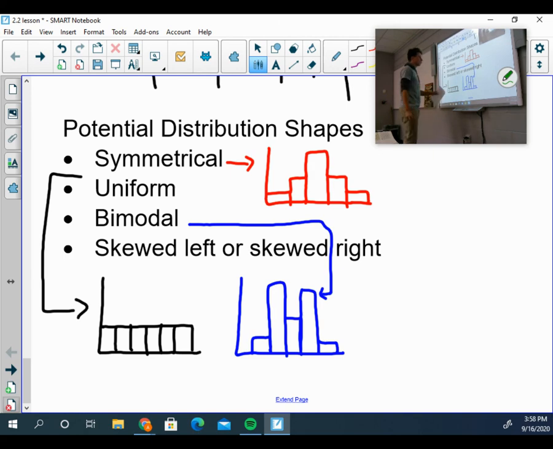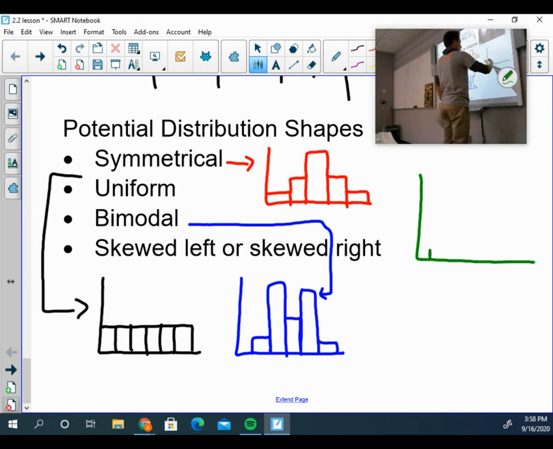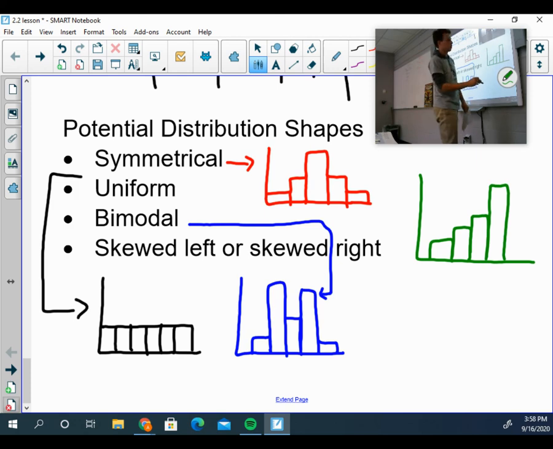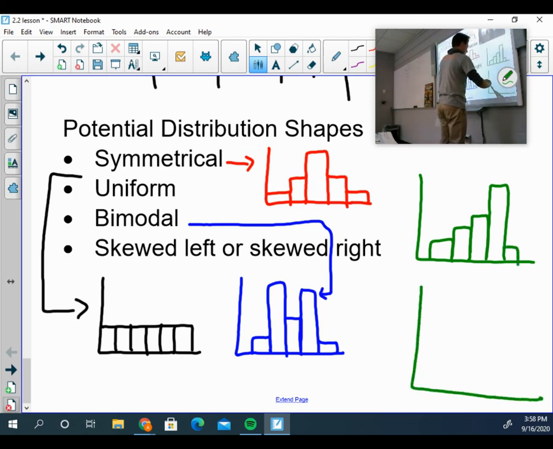And then finally, you have skewed left or skewed right. What are we looking at for skewed left or skewed right? Well, skewed left or skewed right will have tails. So they'll kind of be increasing in nature, and one end will be higher than the other. And again, skewed left or skewed right, you kind of have a couple options.